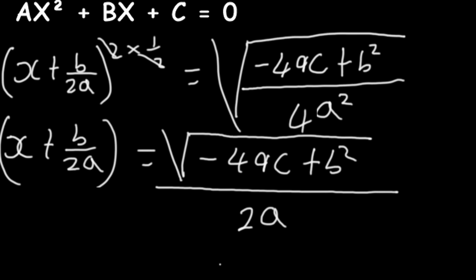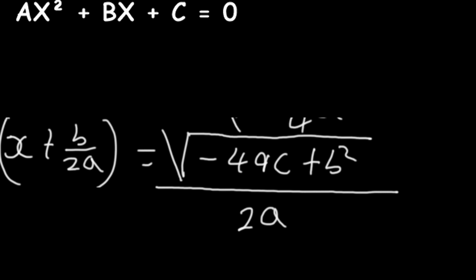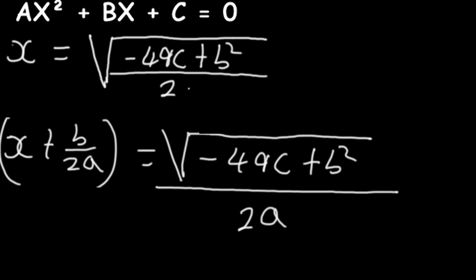Okay, now the next thing we need to do is to bring b over 2a to this side. So we are going to have x equal to the square root of minus 4ac plus b squared over 2a, minus b over 2a.